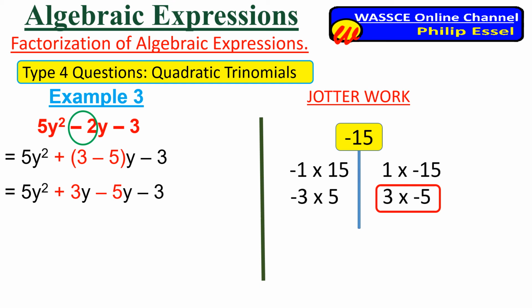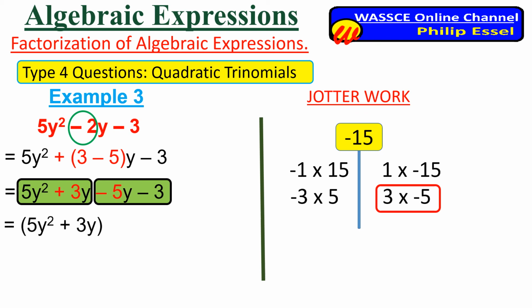So at this point, we'll divide the 4-term expression into 2 parts. So when we divide the expression, we would get this. The first part of the expression is 5y squared plus 3y, and we are putting all of them in one bracket.